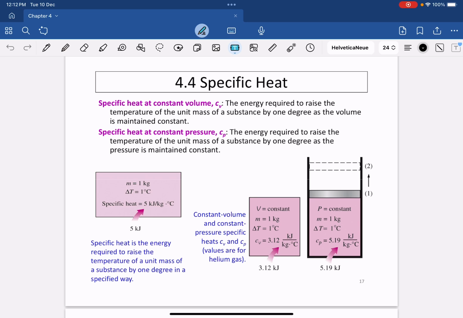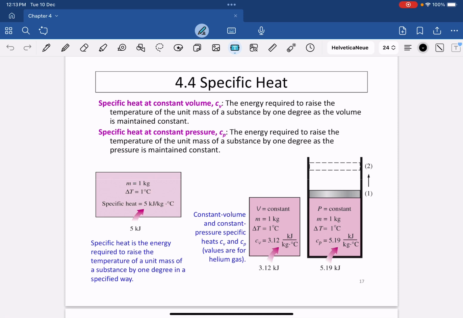There are two types of specific heat. Since specific heat is defined as the energy required to raise the temperature of 1 kilogram by 1 degree, the amount of energy required depends on how the process is executed.